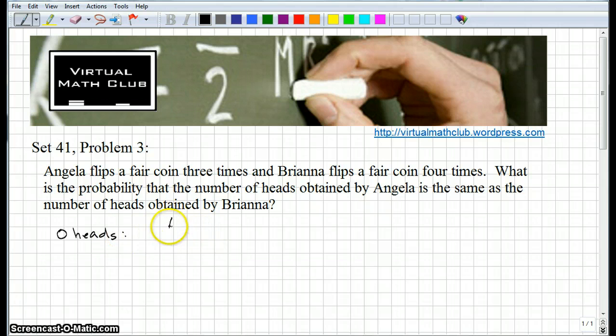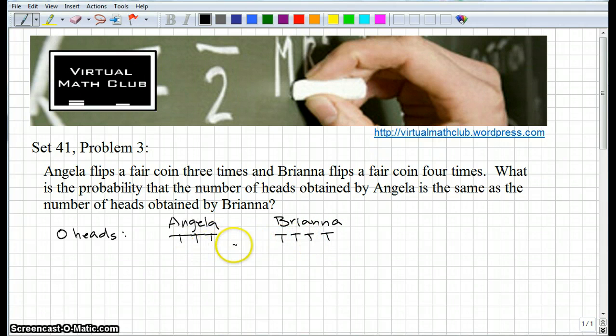For Angela, she's only flipping it 3 times, so to get 0 heads she has to get all tails, 3 tails. And Brianna flips the coin 4 times, so to get 0 heads she gets 4 tails. There's really only one way to do that, right?